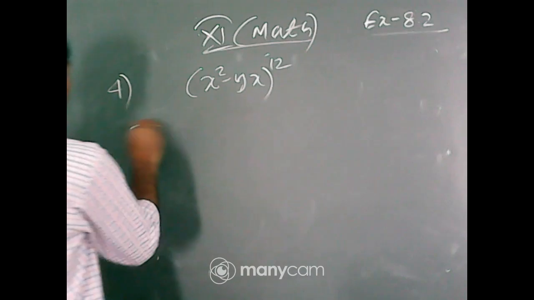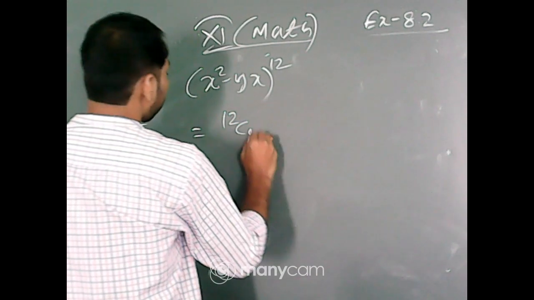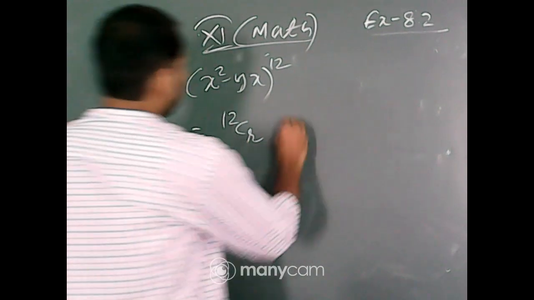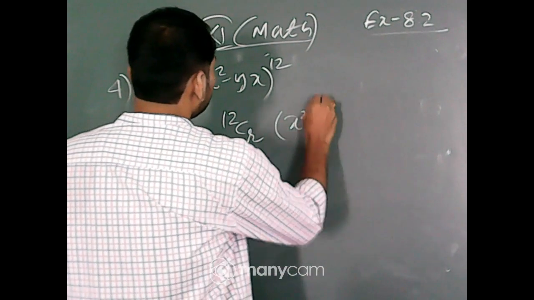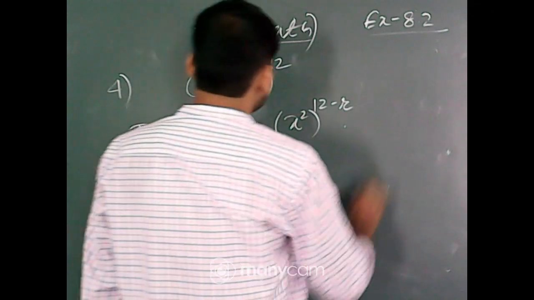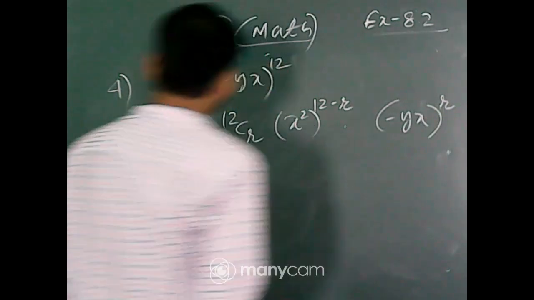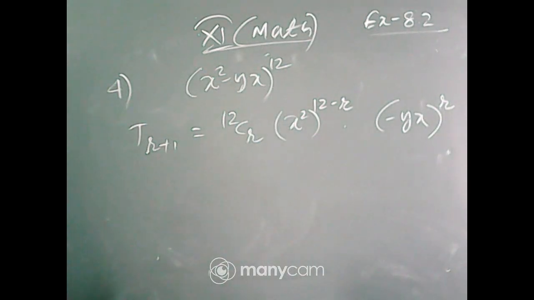So here T(r+1) equals 12Cr into x square to the power 12 minus r into minus yx to the power r. That is the general term, that is T(r+1).